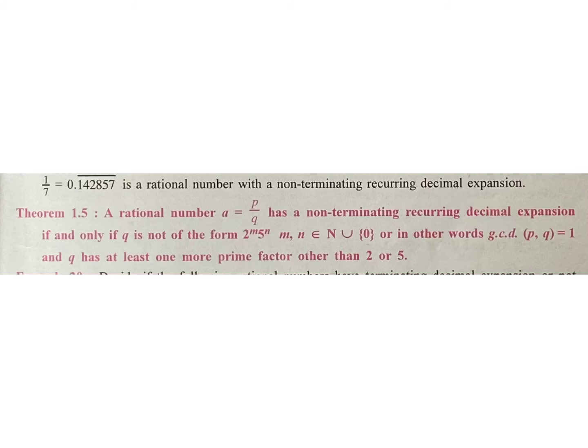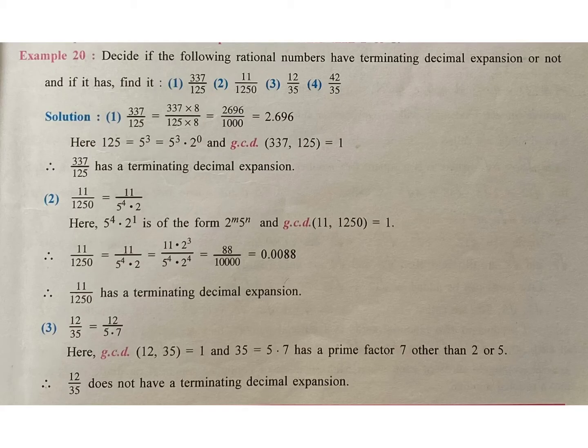Let us try to understand it with the help of an example. Decide if the following rational numbers have a terminating decimal expansion or not, and if so, find it. Let us consider the first one, 337 by 125. If we write it in the form of p by q, we get q equal to 125, and we know that we can write 125 as 5 raised to 3.